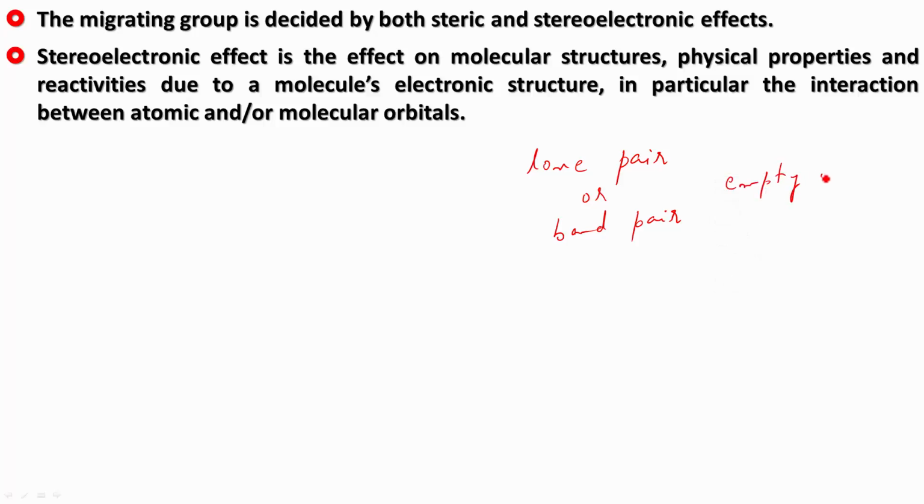And I'm talking about generally molecular orbitals because we are talking about molecules now. So this molecular orbital theory is not as easy as the valence bond theory to understand. But basically what we are trying to say is the stereoelectronic effect is an effect in which you tend to find overlap between the lone pair or bond pair of molecular orbitals to empty molecular orbitals.